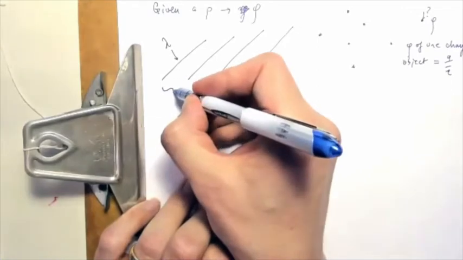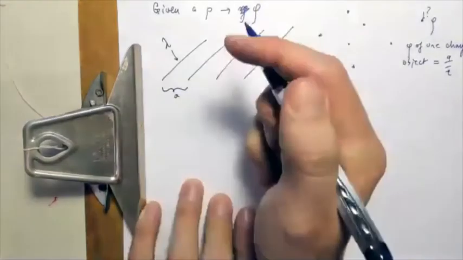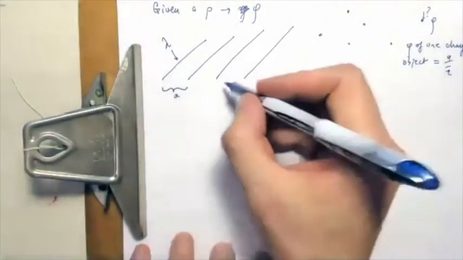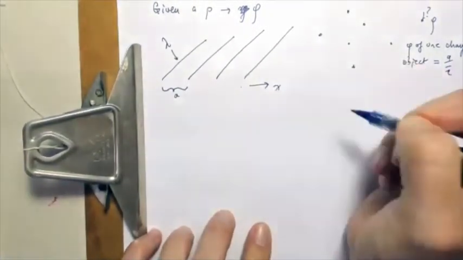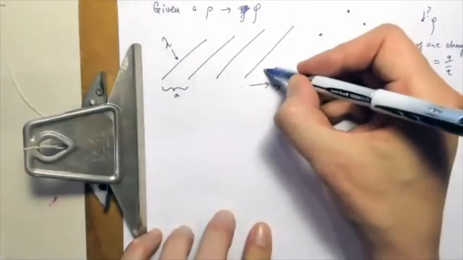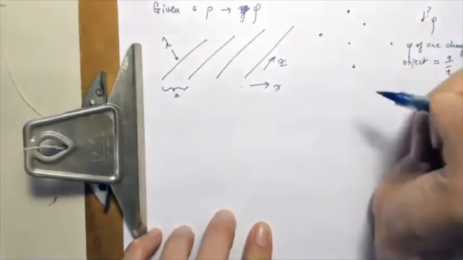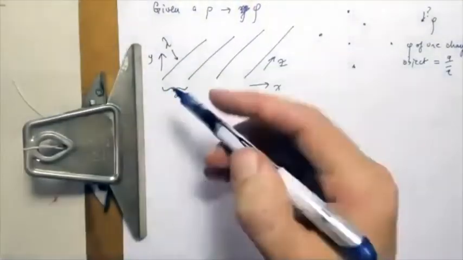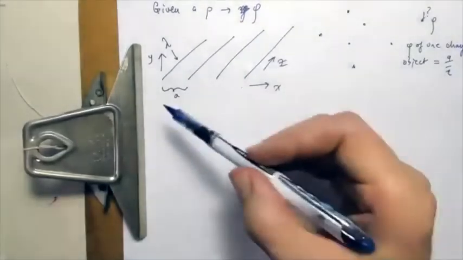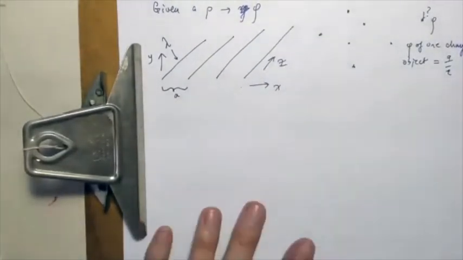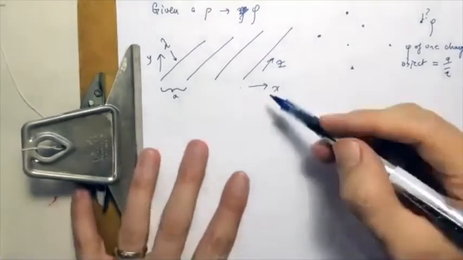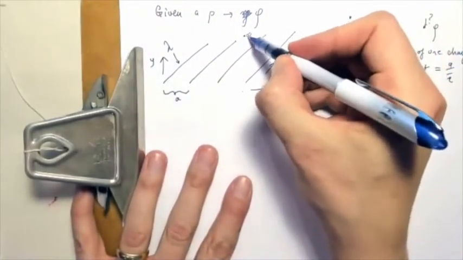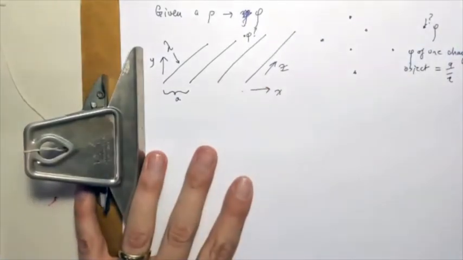They're separated by a distance a, and that is in the x direction. They're infinitely long in the z direction, and then the y direction is perpendicular to that, right? So these wires are lying in that xz plane, and now we want to know what is the potential here, somewhere at some arbitrary position.